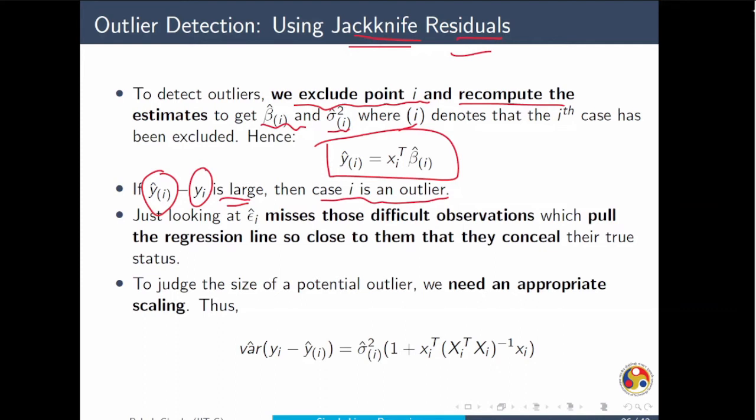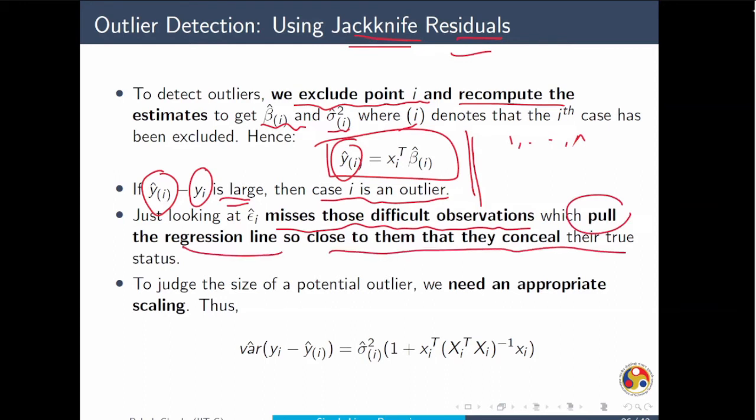By doing this repetition for each of the n points, you will get n values of this quantity, corresponding to checking n outliers. So you can check whether each point is an outlier or not. Just looking at the epsilons, it is more difficult, or you cannot say something like that. In some cases, an observation can pull the regression line close to itself and conceal its status.